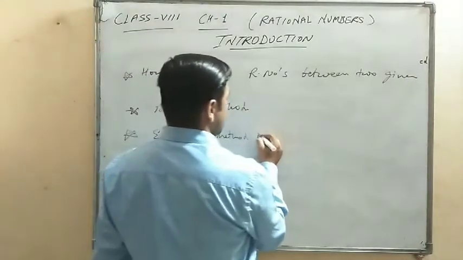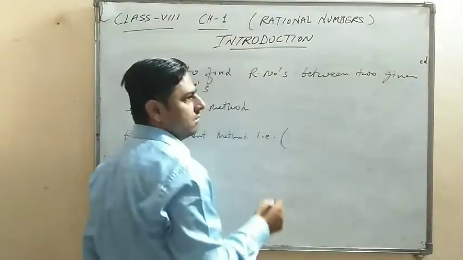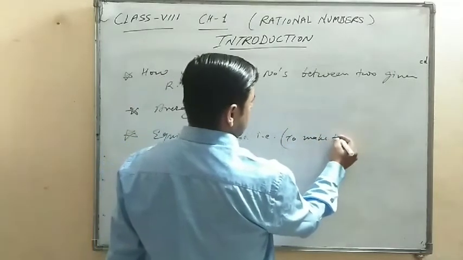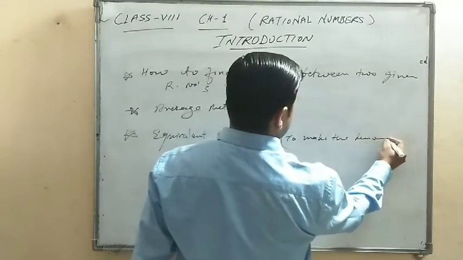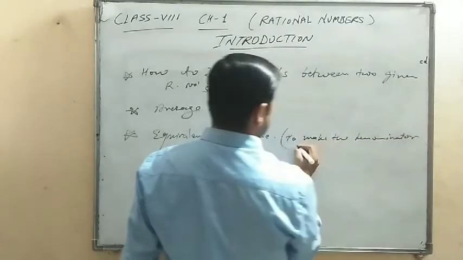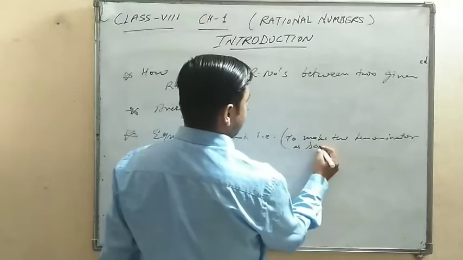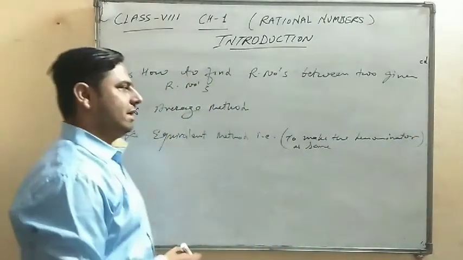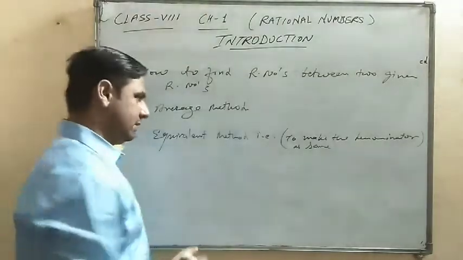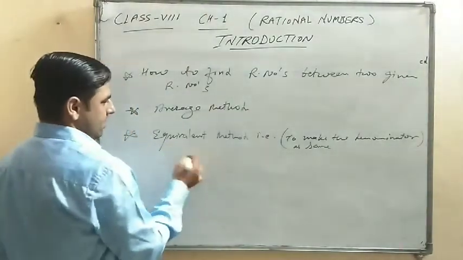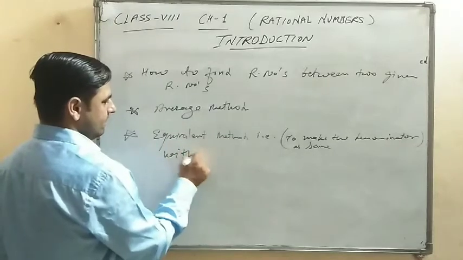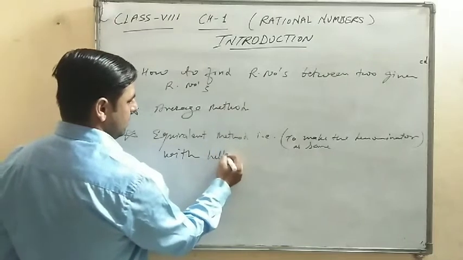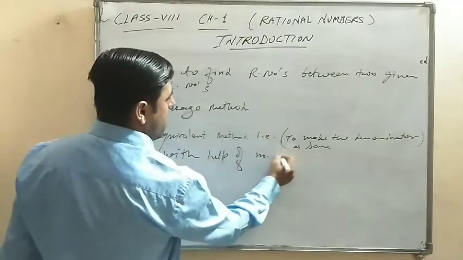Equivalent method means you have to make the denominators the same, then you can check how many numbers lie between the two numbers, and you can check with the help of a number line.